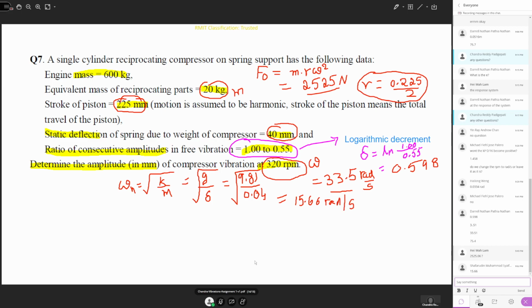All right, so now you have so many things. I move to the next page.